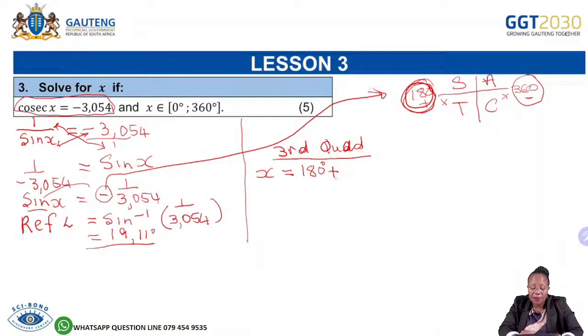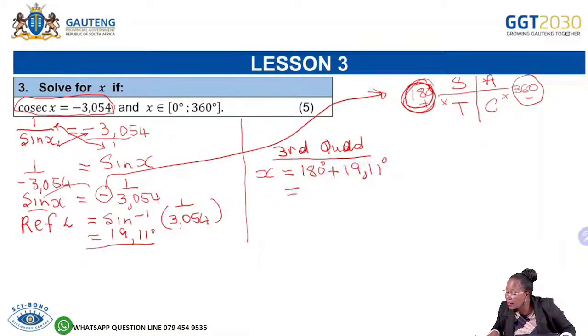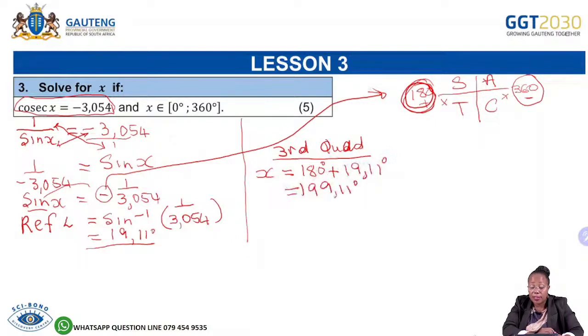And then what must be added is your reference angle, which is 19,11 degrees. So if you add the two, grade 12, 180 plus 19, that is 199,11 degrees. Can you see the value is still in quadrant 3?